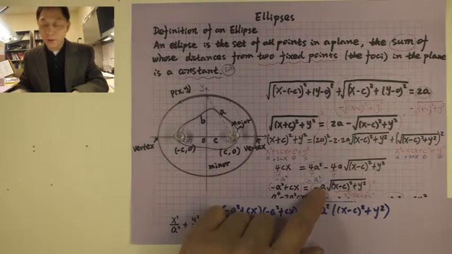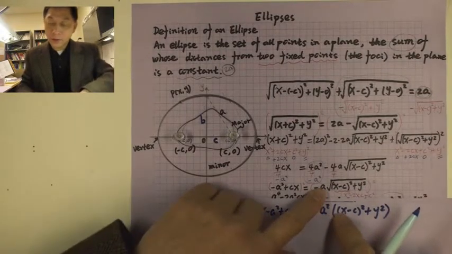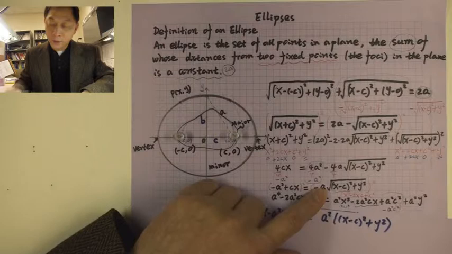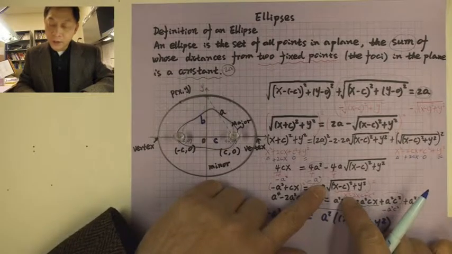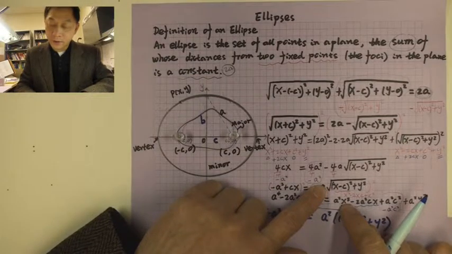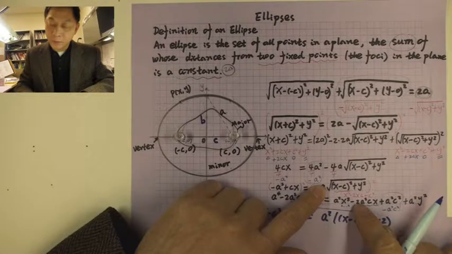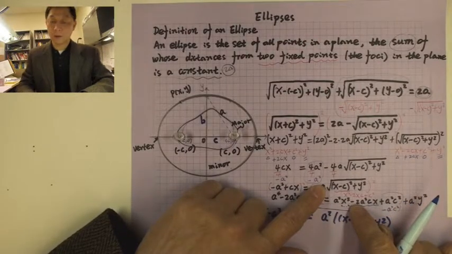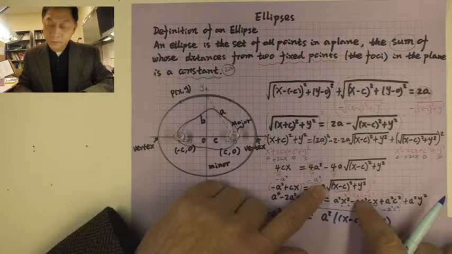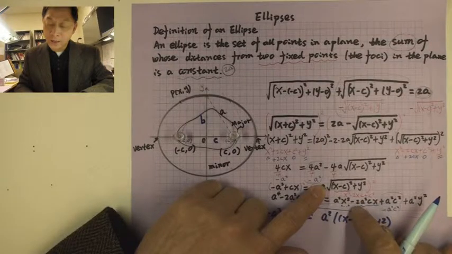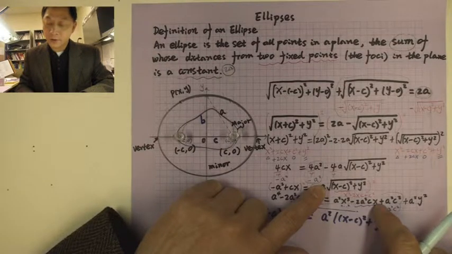a squared times x squared, so you have that, and a squared times negative 2xc, so you have negative 2a squared cx.